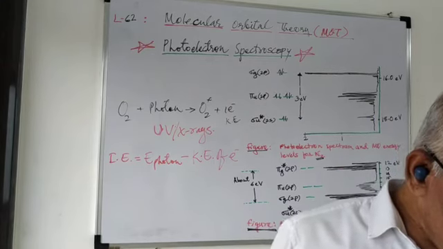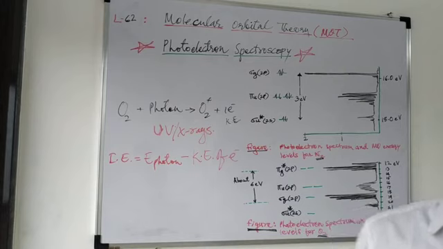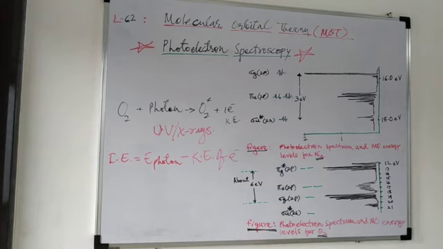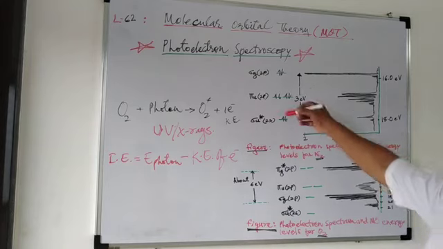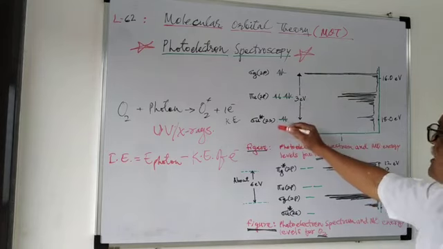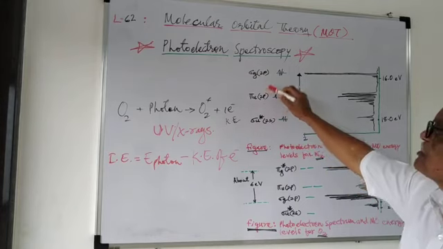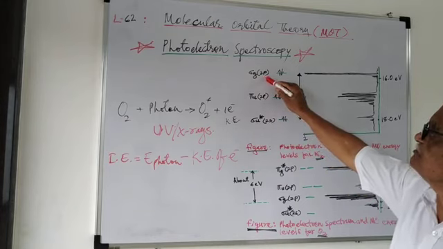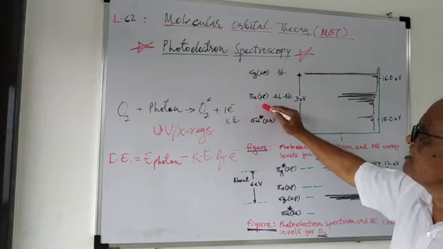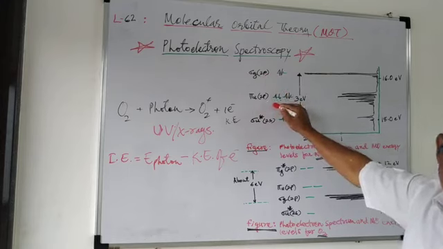Now we can explain these diagrams also. The photoelectron spectrum for nitrogen shows that sigma g is higher energy than pi u.